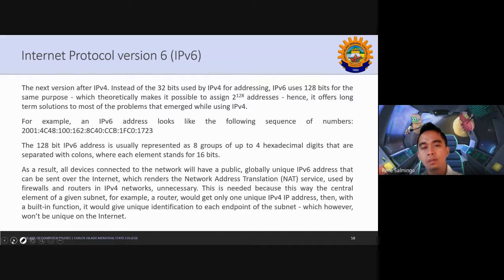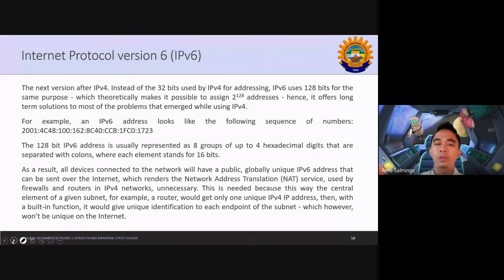And in such cases, the next version after version 4, instead of 32-bit used by version 4 addressing, because how many dot notation do we have? So we have first octet, second octet, third octet, and fourth octet. So 8 times 4, that is 32.